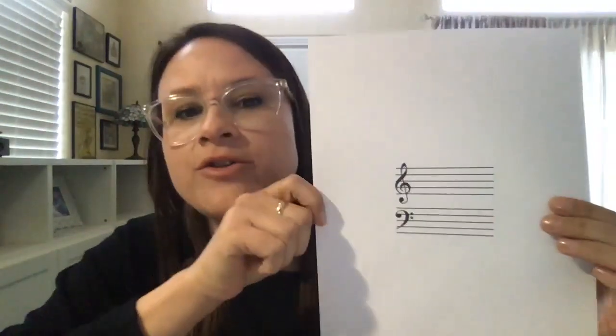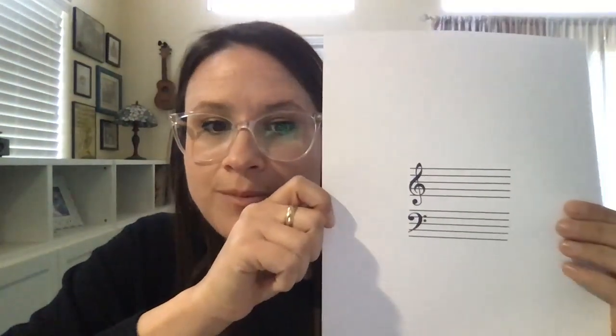So I'm going to show you what's called the grand staff. When you're reading music, depending on your instrument, you'll either read notes on the treble clef or the bass clef. We're going to forget about the bass clef this year. That's for my second level music class. But this year, we're just going to learn about the treble clef.